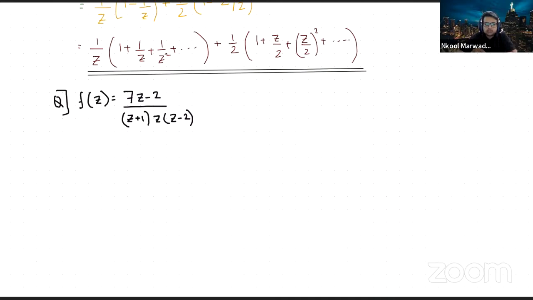Let us discuss this. So the function is given to us and we have to expand it.